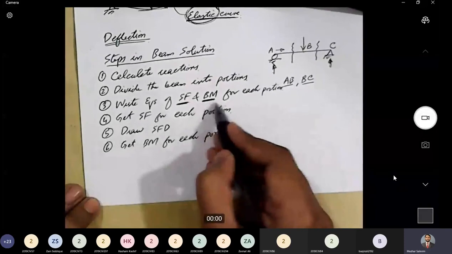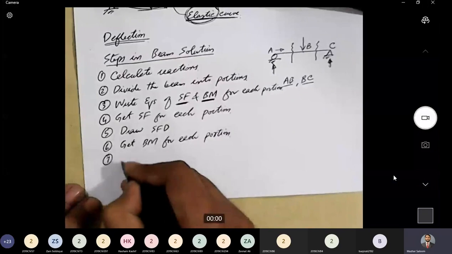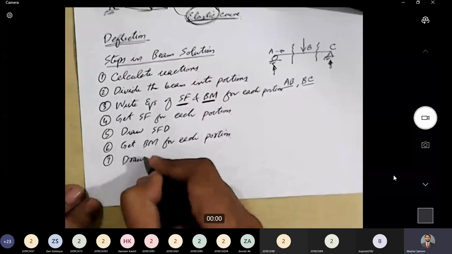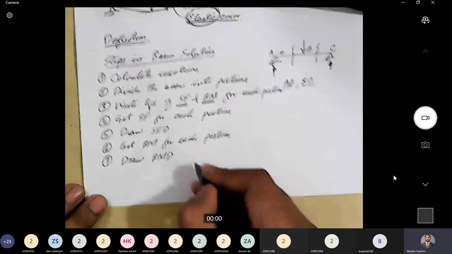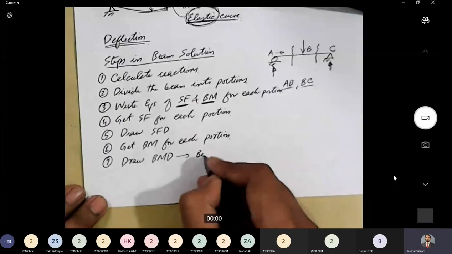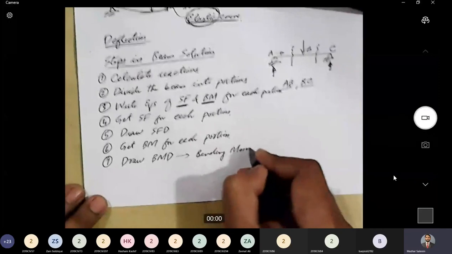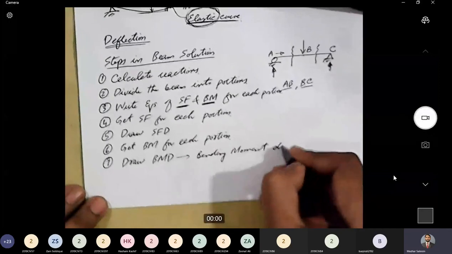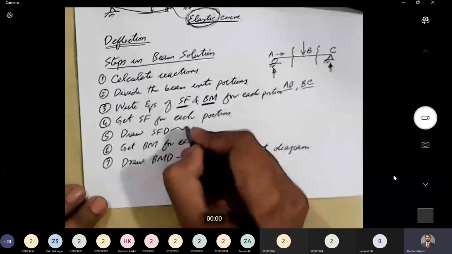We have already written the equations. We'll get it for each portion and then we will draw BMD. By BMD, I mean bending moment diagram. And SFD is shear force diagram.